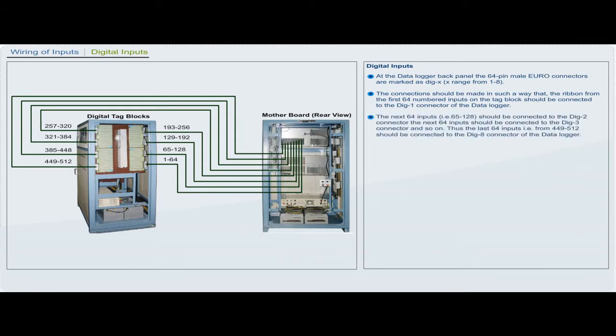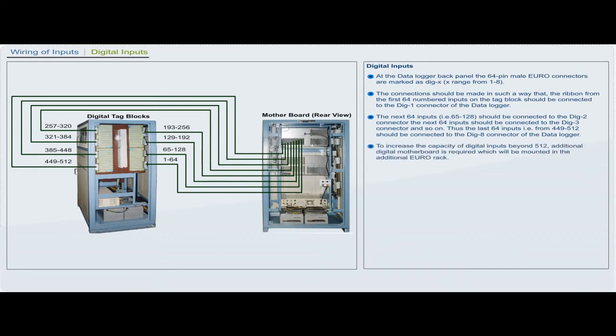The next 64 inputs, that is 65 to 128, should be connected to the DIG2 connector. The next 64 inputs should be connected to the DIG3 connector, and so on. Thus, the last 64 inputs, that is from 449 to 512, should be connected to the DIG8 connector of the data logger.